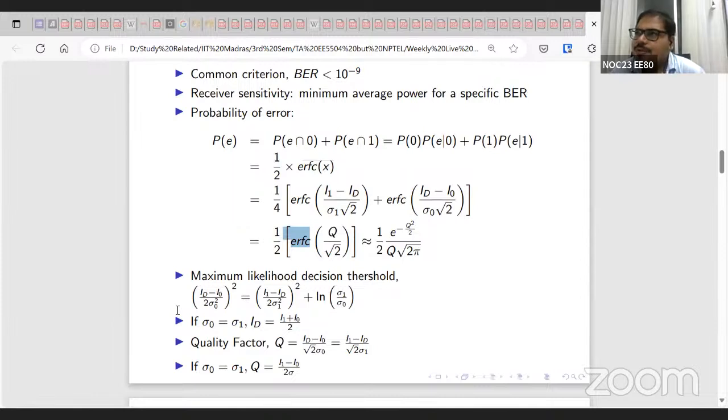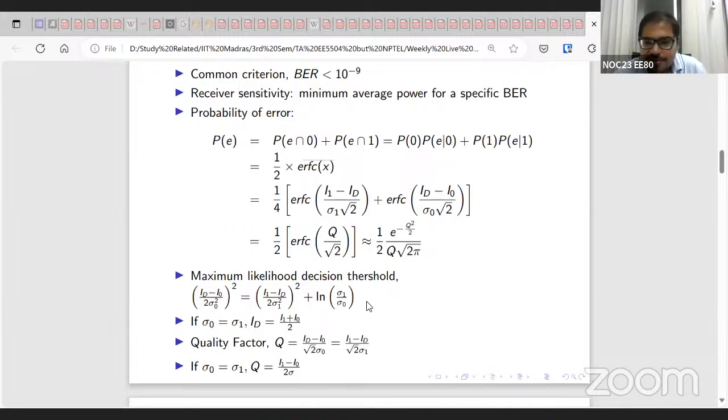Then how to find this decision threshold, this ID value? What is the optimum ID value? For that you can use this expression and also a simplified expression: (sigma 1 I0 plus sigma 0 I1) by (sigma 0 plus sigma 1).